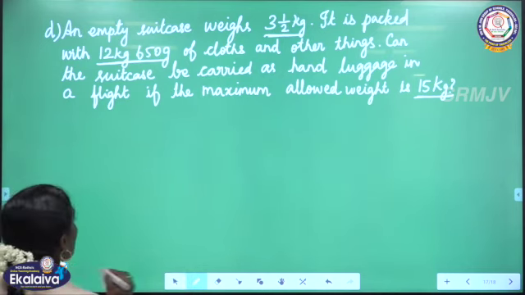Then weight of the cloths and other things. That is 12 kilogram and 650 gram.